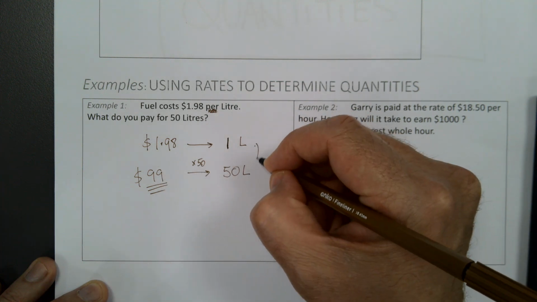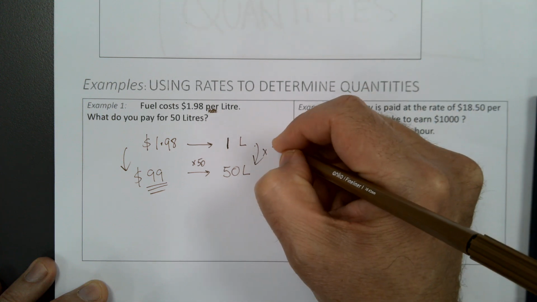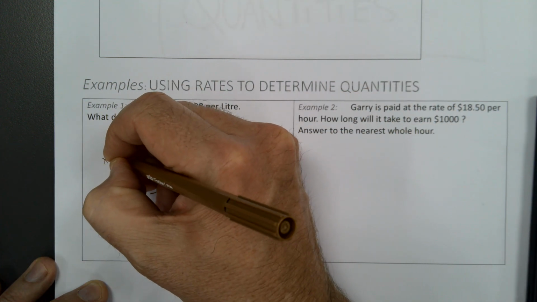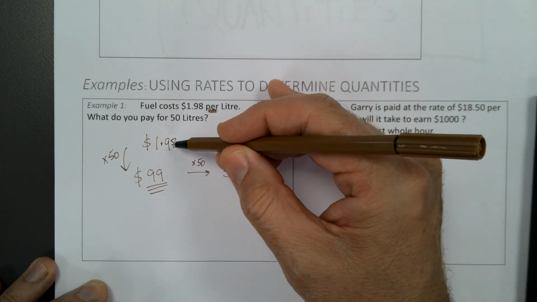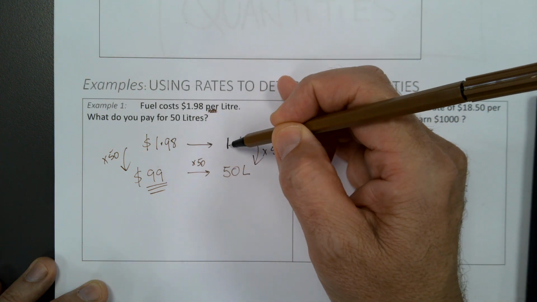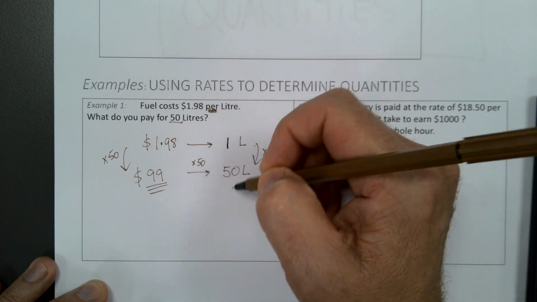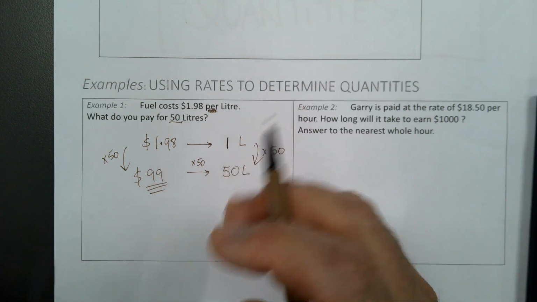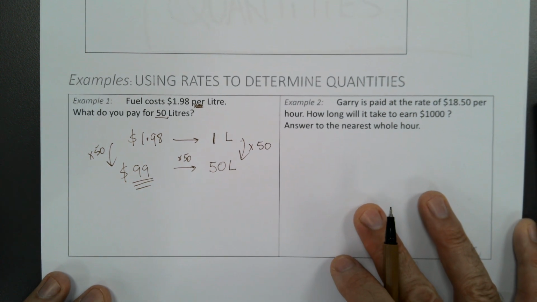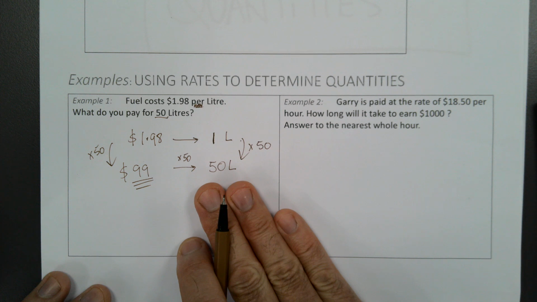Whatever I do, multiply or divide, I do it to both sides. But the thought process is, this is what applies to 1 litre. I don't want to know about 1 litre, I want to know about 50 litres. But again, as I said, if you can just immediately see that you multiply by 50, cool. Don't complicate it. I'm just showing you a way that will help you think it through.